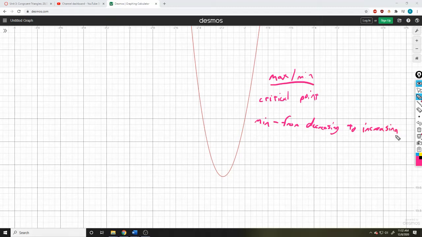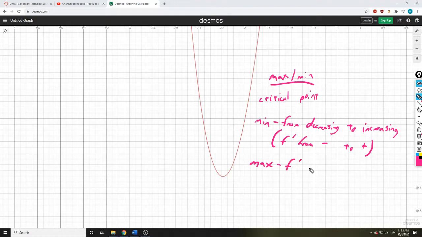And if we're looking at the derivative, this means that f prime goes from negative to positive. Right? Because negative derivative means a negative slope, means we're going down. For a max, well, it's going to go the other direction.